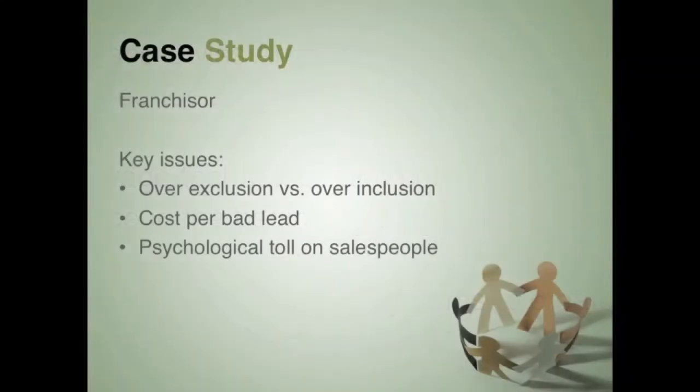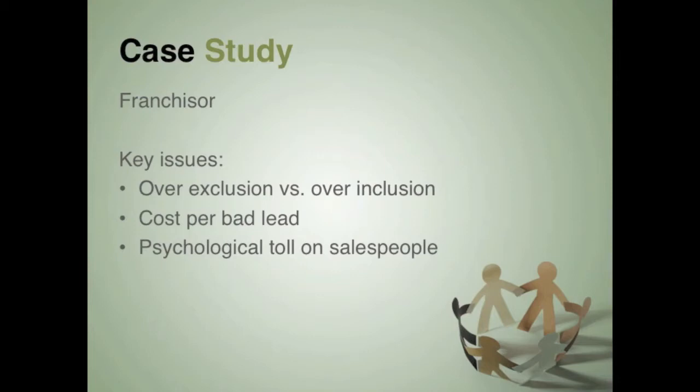Here's a real-life example of how a customer did this. This person was a franchisor. They sold franchises. Here were the issues they were having. First and foremost, a typical franchise gets 100 to 300 raw leads or inquiries for every one franchise sold.